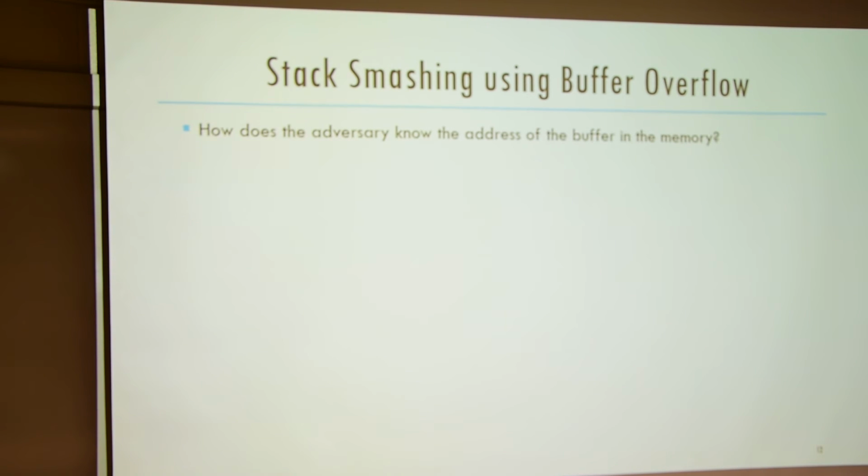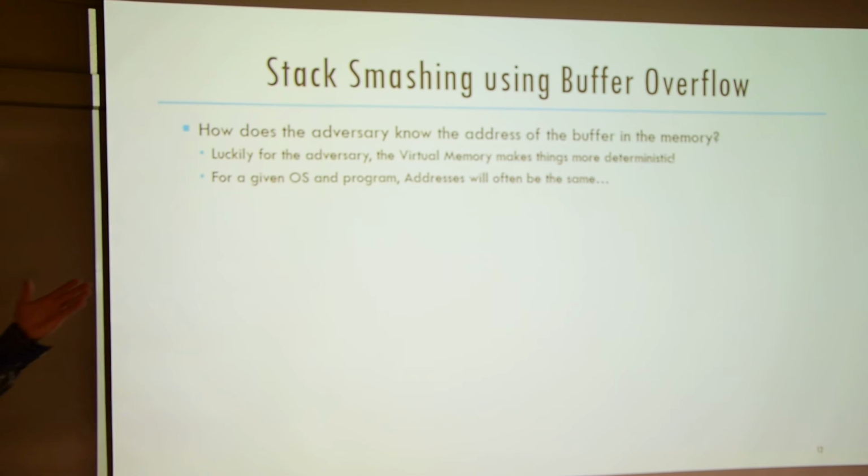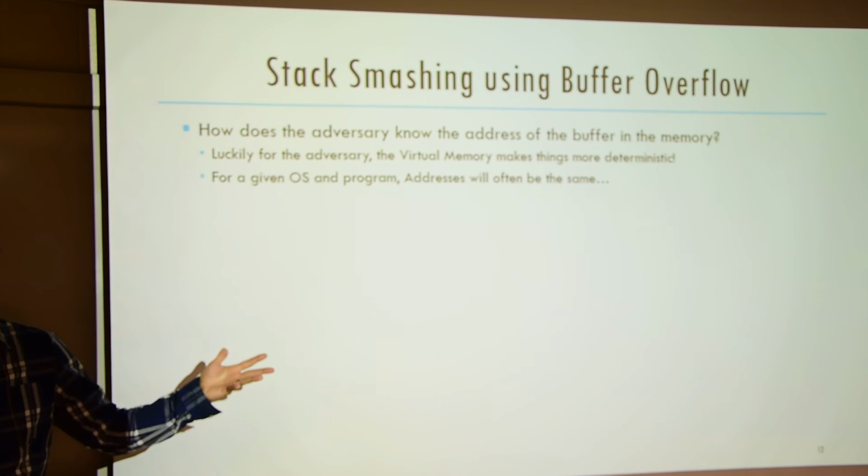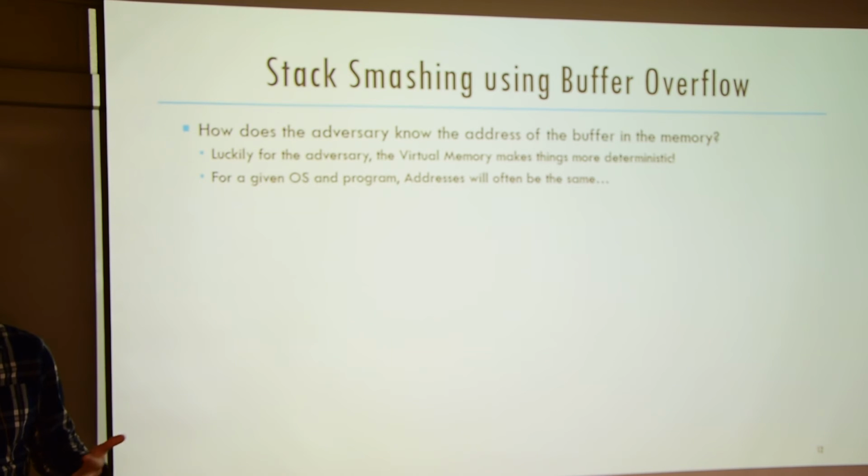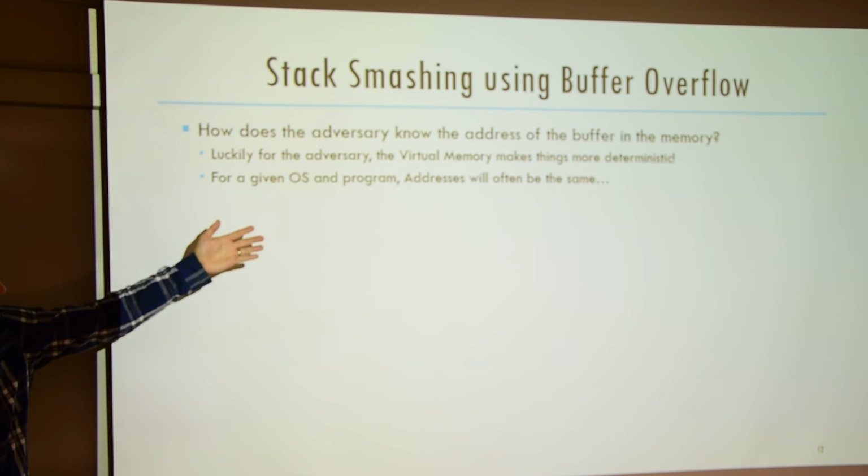So firstly, how does the attacker know the address of the buffer in the memory? Well, often the virtual memory makes things more deterministic. Actually, there's not much randomness involved, really. So you can actually predict those addresses. For a given OS and program, the addresses will often be the same.